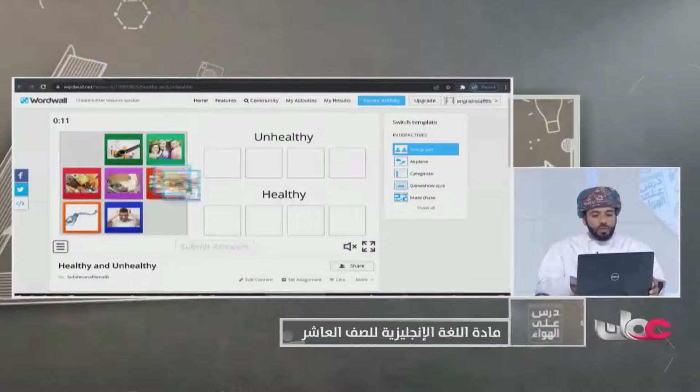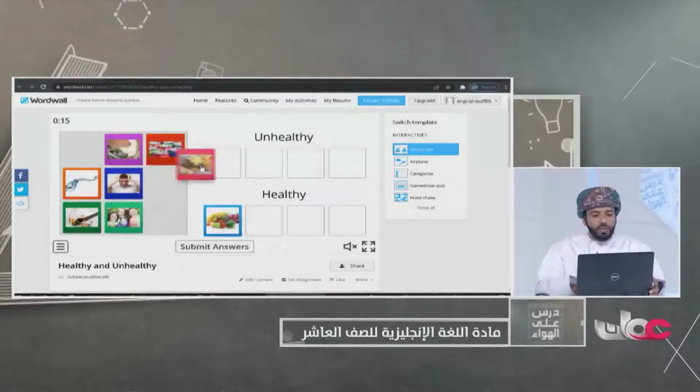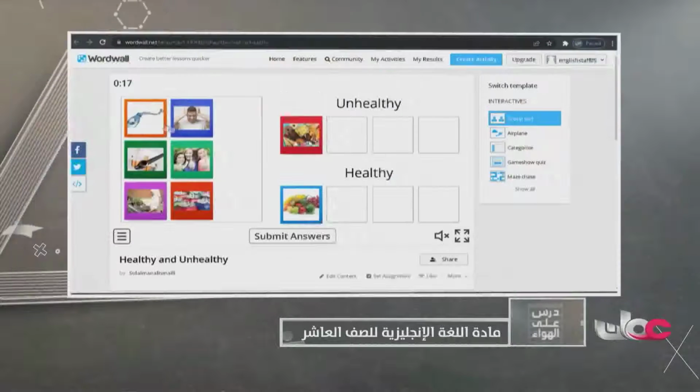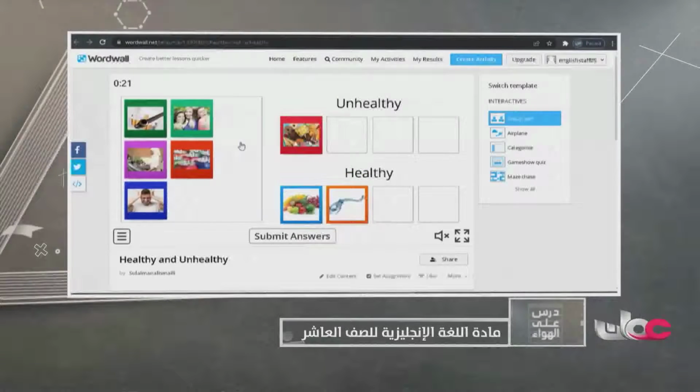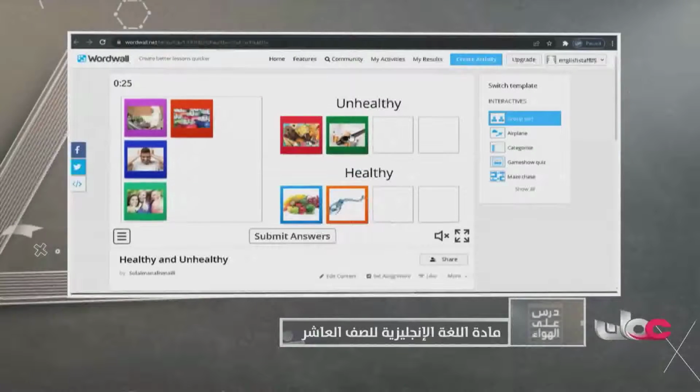Okay, so let's see which pictures show healthy or unhealthy food. Okay, so fruits and vegetables are healthy. This one, junk food, is unhealthy. Okay, drinking a bottle of water is healthy. Also smoking cigarettes is unhealthy.